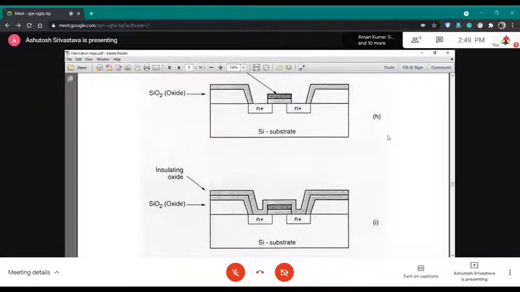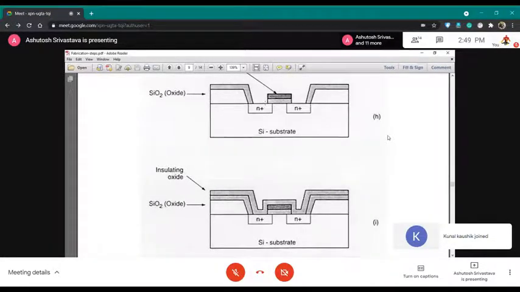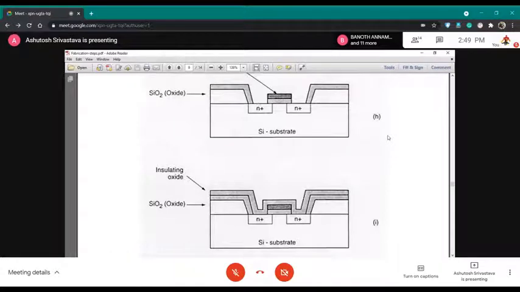So now you need to do metallization in all these four terminals. Okay, you need the wiring, metallization or wiring through these contacts. So you need a contact formation at the source, the drain, the gate, and the substrate.